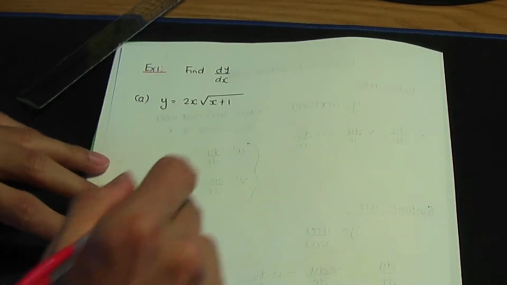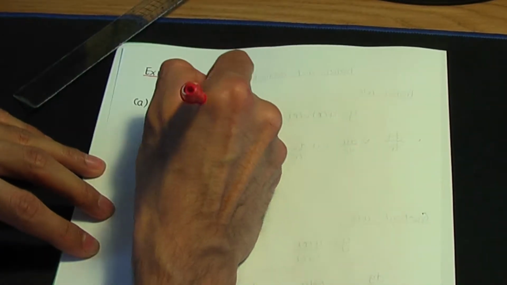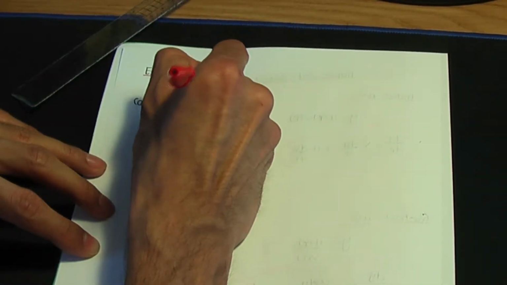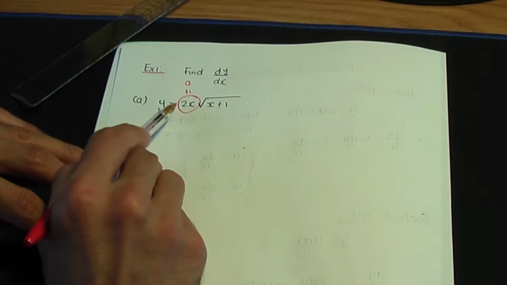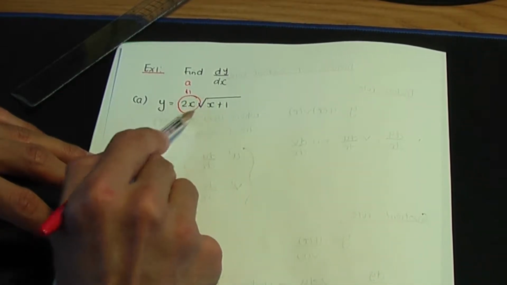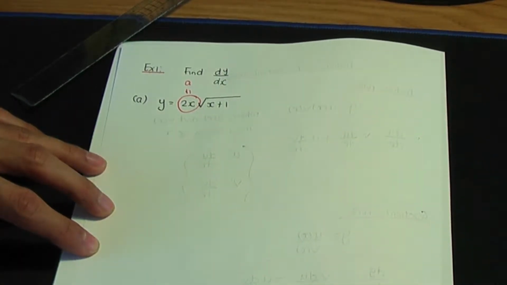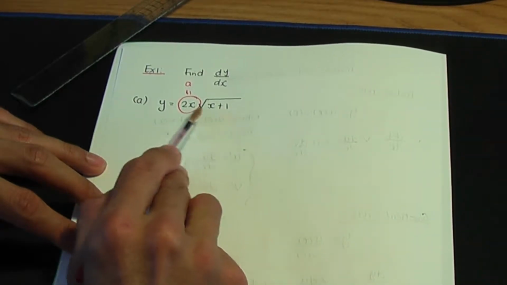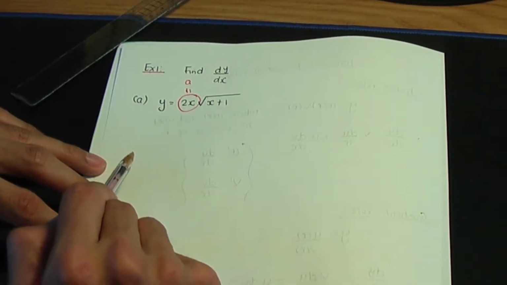So let's look at this function carefully. So the term in front is 2x, so 2x is like our a, okay? So a is not a constant, so that means that we need to use the product rule here, since we have a product of two functions.